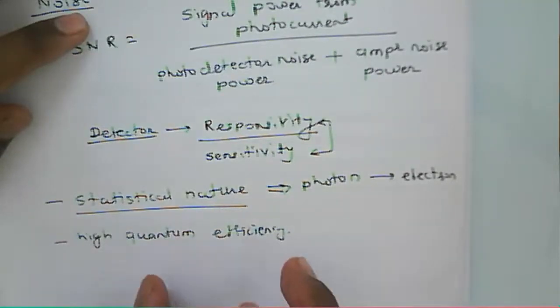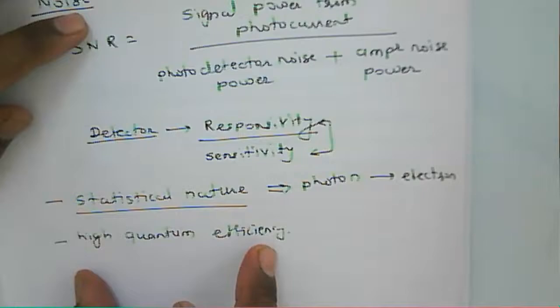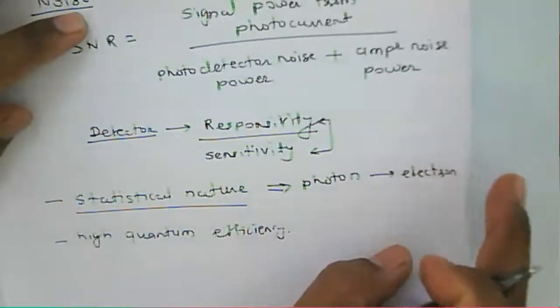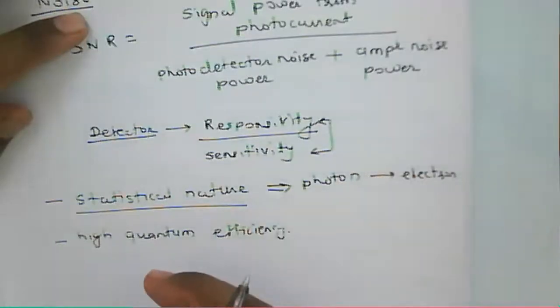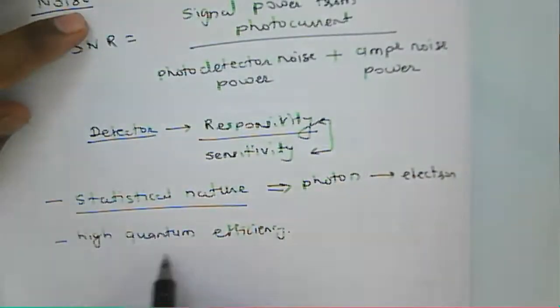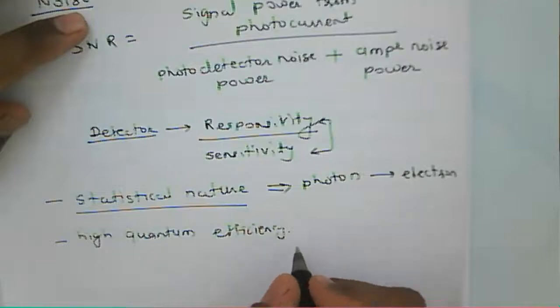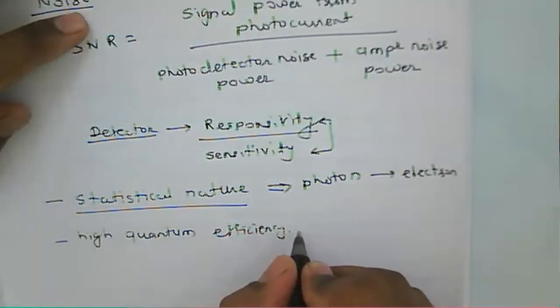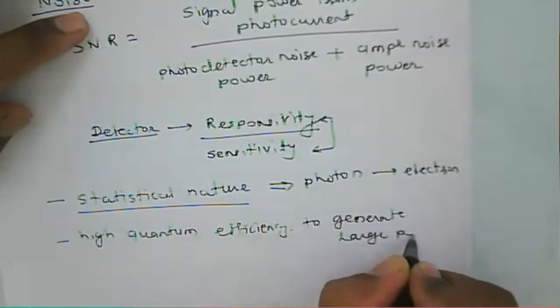Quantum efficiency means the generation of an electron hole pair for a given particular photon. So when we have the generation of that electron and hole from this particular photon of energy, and the detector has a high quantum efficiency, then it will generate large power. The detector should have a high quantum efficiency to generate large power.